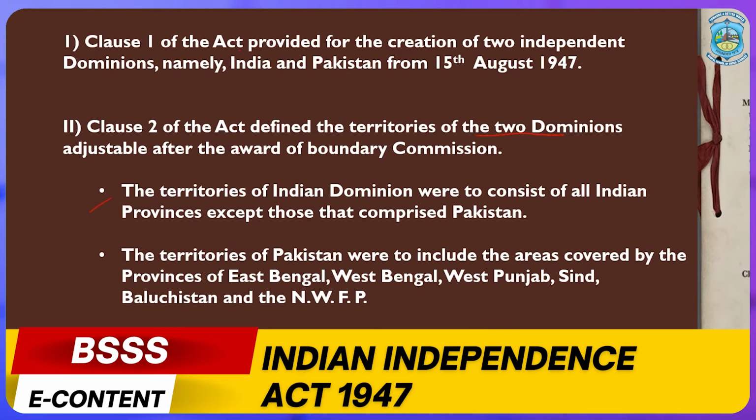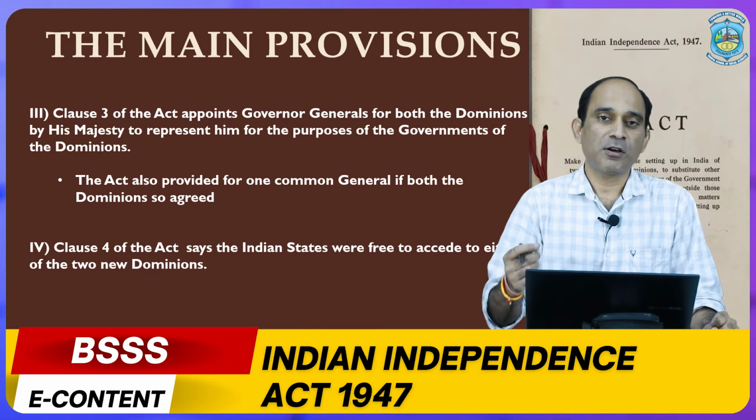The territories of the Indian Dominion were to consist of all Indian provinces except those that comprise Pakistan, whereas the territories of Pakistan were to include the areas covered by the provinces of East Bengal, West Punjab, Sindh, Balochistan and Northwestern Frontier Province.